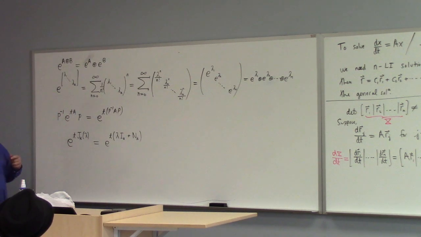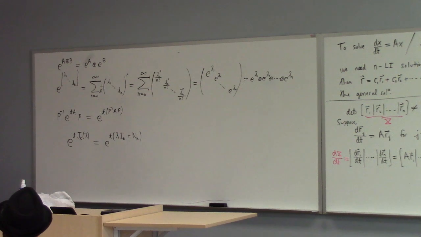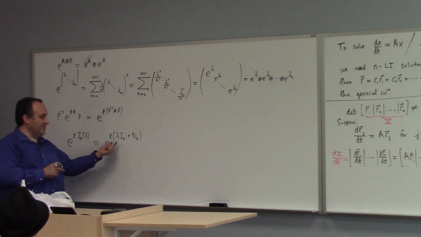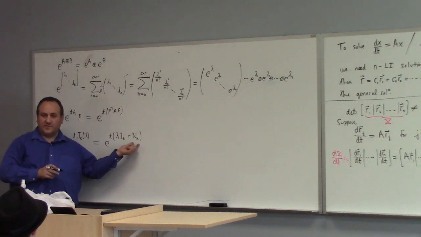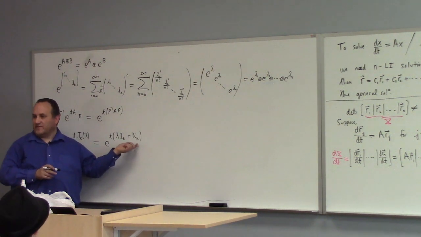Fun fact: a scalar multiple. Oh, you guys remember the homework? Remember that homework early on? Find the set of all matrices which commute with all other matrices. What did we learn? Scalar multiples of the identity, right? We don't need all that for this, of course, but lambda times the identity commutes with this nilpotent piece, doesn't it? And same for scalar multiples of it.